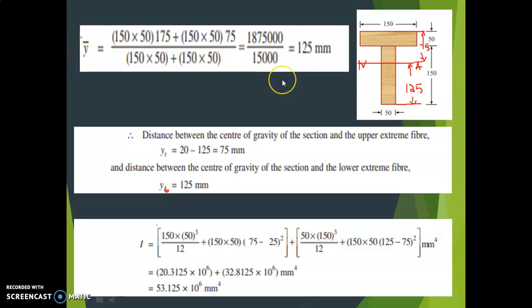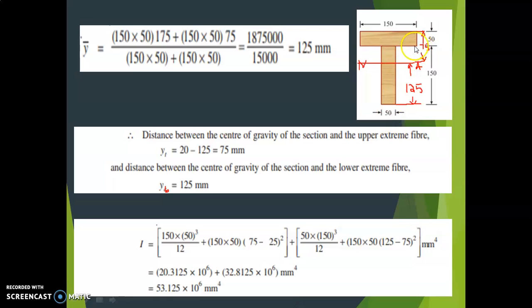So now what is y bar? Y bar is equal to a1 y1 plus a2 y2 divided by a1 plus a2. So what is a1 here? I will take this as section 1 and this as section 2. So a1 is 150 into 50, and y1 is the distance from the CG to the neutral axis. Now the neutral axis I assumed at the bottom, so what is the distance from here to here?